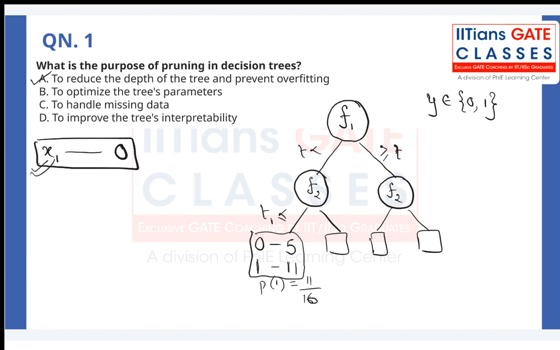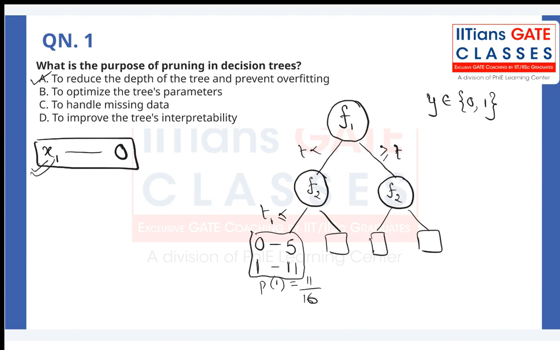All the data points in this node are either 0 or 1. They do not belong to only a particular class. So this is the way by which you can say that, hey, if you reach here, I can't say with certainty, but with a probability of 11 by 16, that your class is 1.